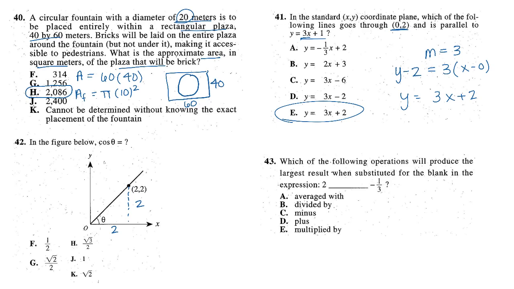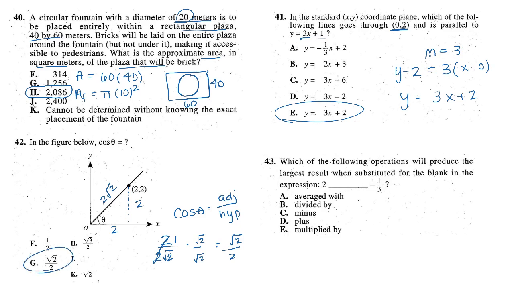And so with those, we are going to see that this side length is 2 root 2, and cosine of an angle is going to be adjacent over hypotenuse, and so we're going to have 2 over 2 root 2, and those 2's will cancel, and then you need to rationalize this, and so you should end up with root 2 over 2, which is answer choice G.